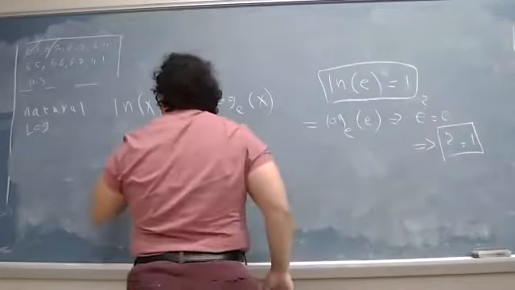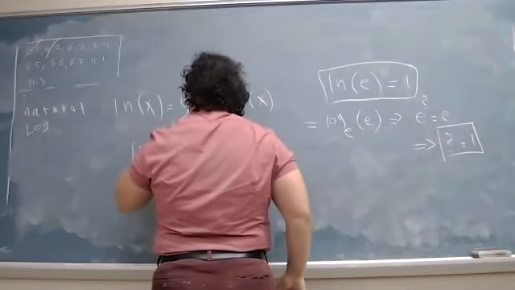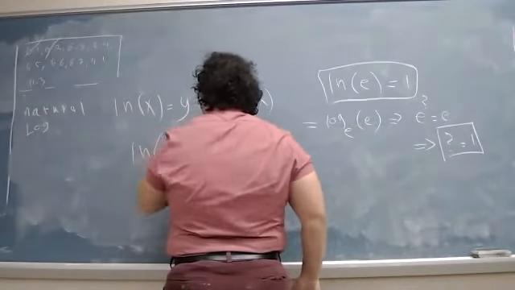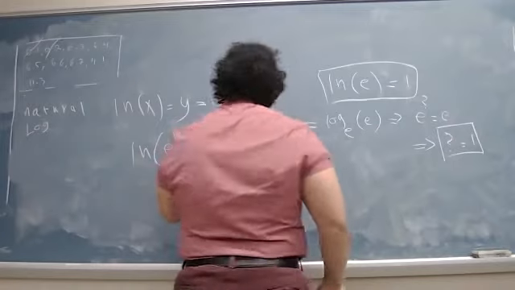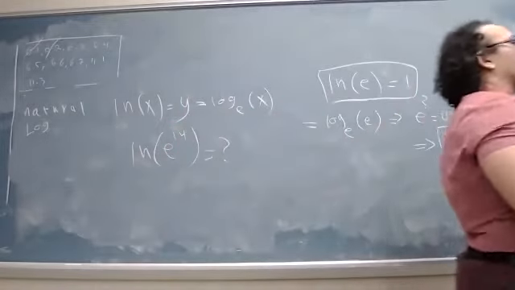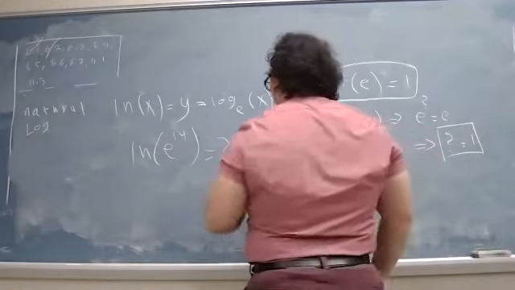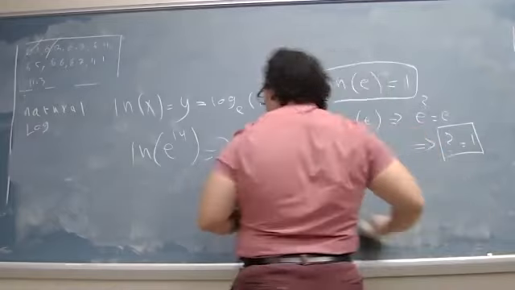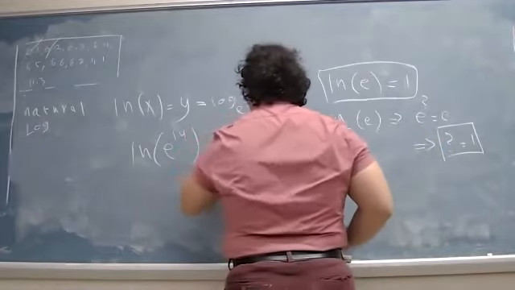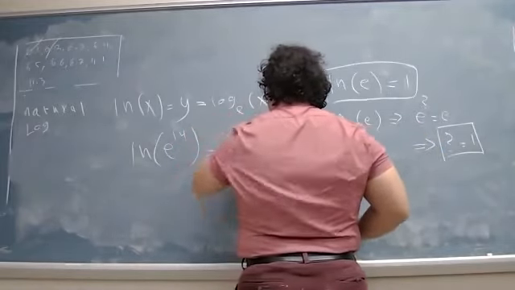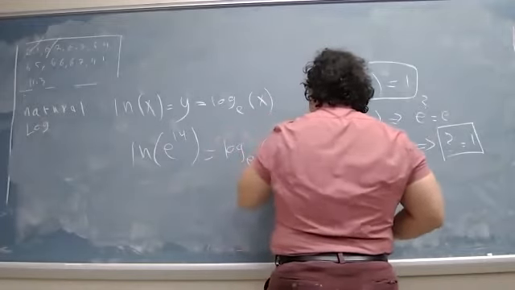What is the ln of e to the 14th power? Oh, well, that's just the same thing as this question. That is equivalent to saying, what is the log base e of e to the 14th power?